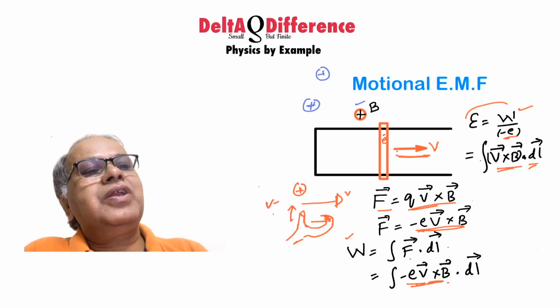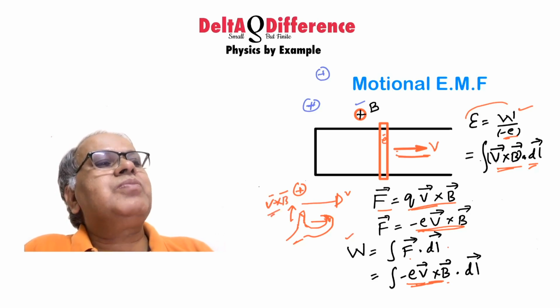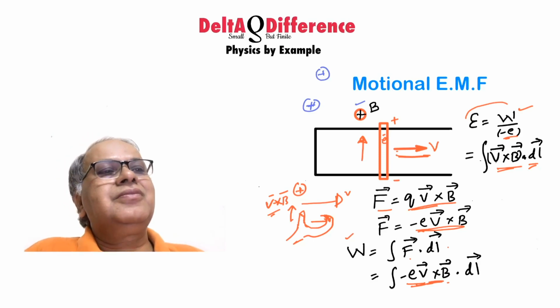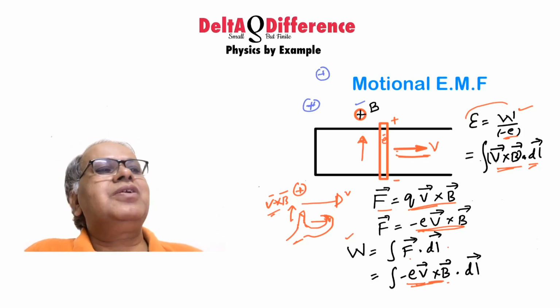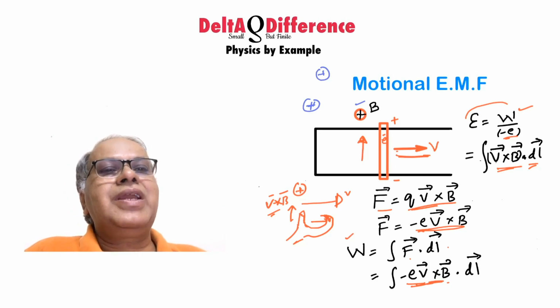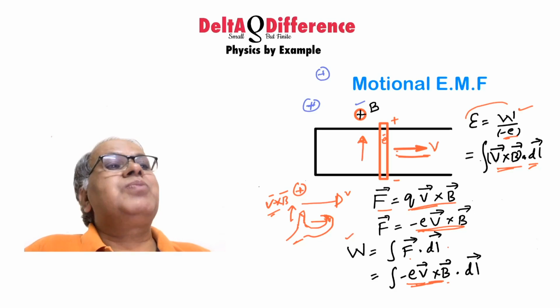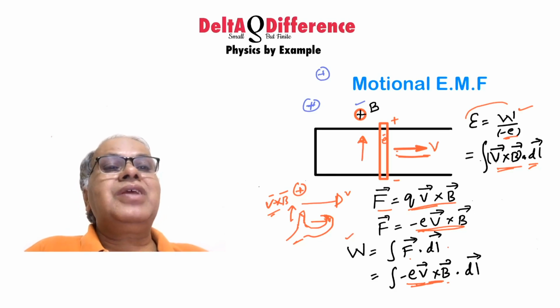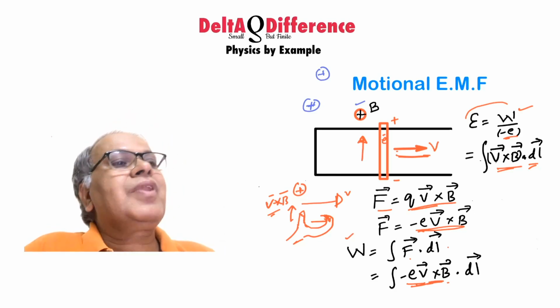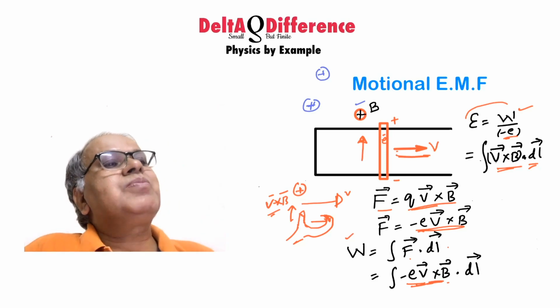So this is the direction of V cross B, right hand thumb rule. So V cross B you put like that, the arrow, and when V cross B is like this, put this as plus, this as minus, that's all. A small simple trick for not going wrong in deciding which end is plus, which end is minus. The explanation comes slowly once you connect it with electric field anyway. But right now, yes, that becomes plus, this becomes minus.